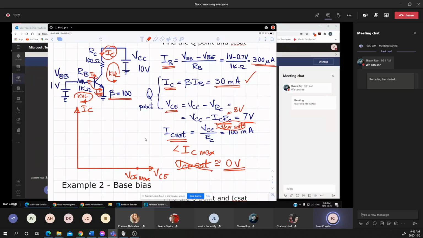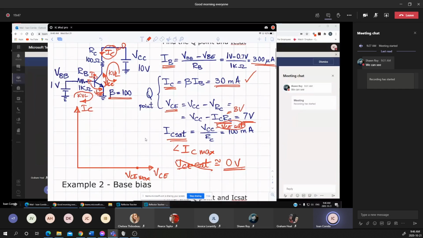That means the transistor is in the cut-off region. If the IC is 0, there is no voltage drop across the RC, which means the VCE max is equal to the VCC, the supplied voltage. So I can choose the VCE max as being equal to 10 volts.